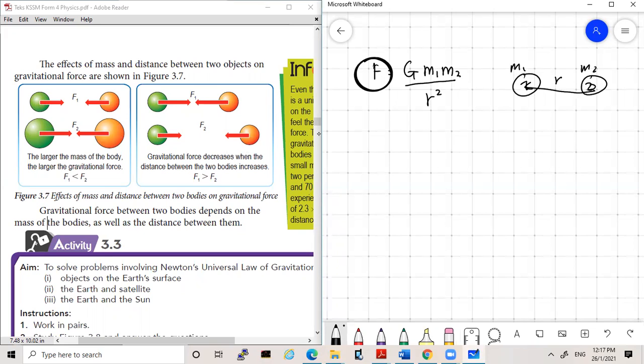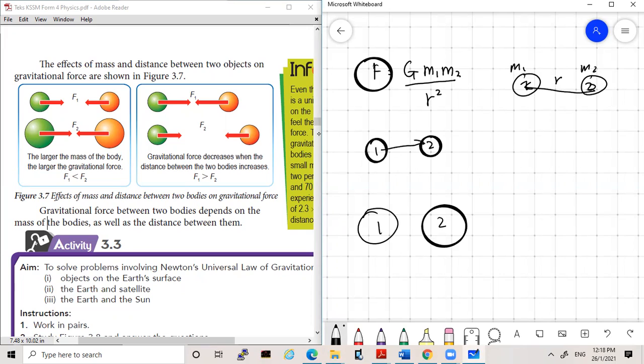First we have object 1 and object 2, where the masses are smaller compared to the second phenomena.